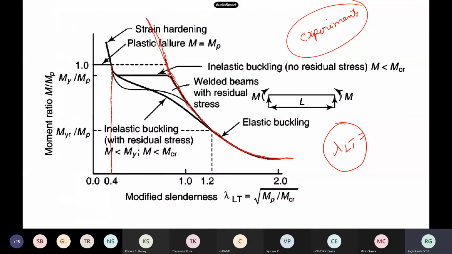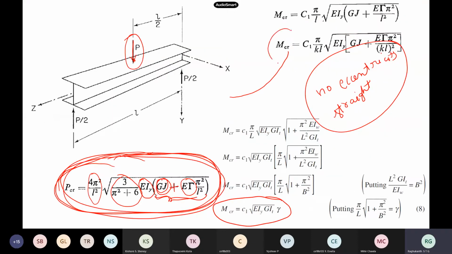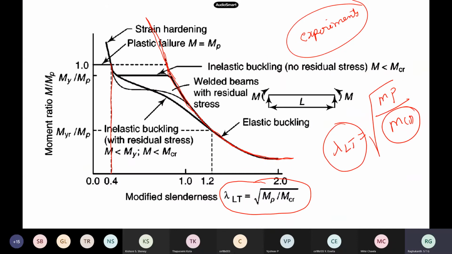So similarly here also we can define the non-dimensional quantity, which is MP, the plastic capacity of your beam, over MCR, where MCR is your critical bending moment, which is given by these types of expressions. So the thumb rule is, if this lambda LT is less than 0.4, what type of beam is it?